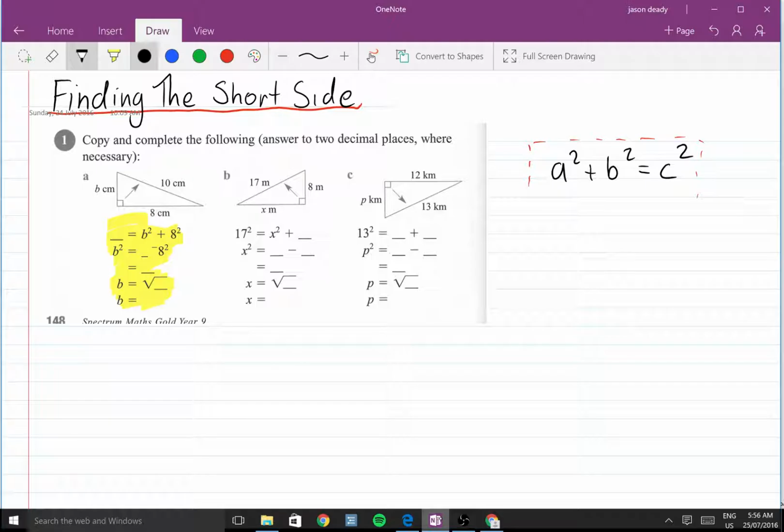If a squared plus b squared equals c squared, well, if I add two things together to get the big thing, I can have the big thing, c squared, take away b squared equals a squared, or a squared equals c squared take away b squared. Now that looks hard, and it is hard a little bit.